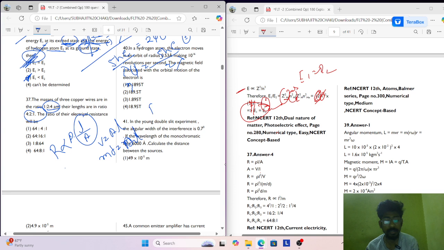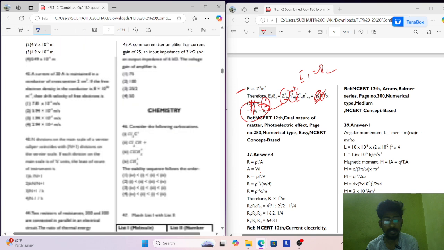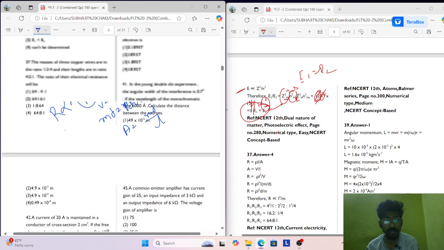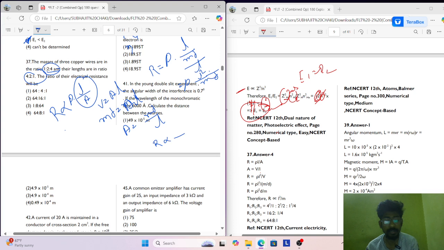So from this we can say A is equal to m by rho L. So R is proportional to L squared by M.